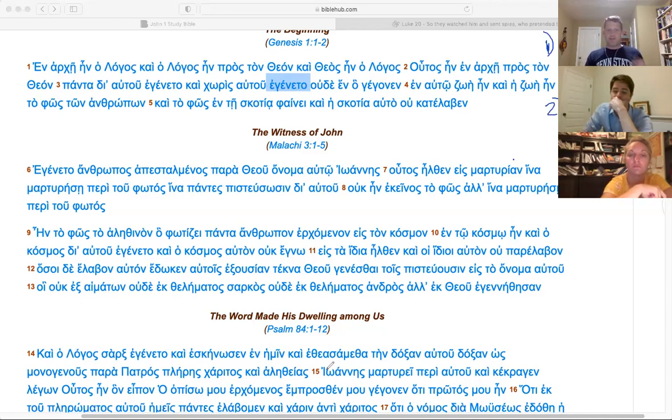Whereas the future is built off of a relatively stable second principal part. Luo, luso. Blepo, blepso. Ugo, uxo. That's pretty normal. Some are weird. Erchomai, elusomai. Lambano, lampsomai. But most verbs are relatively stable in those first two parts.